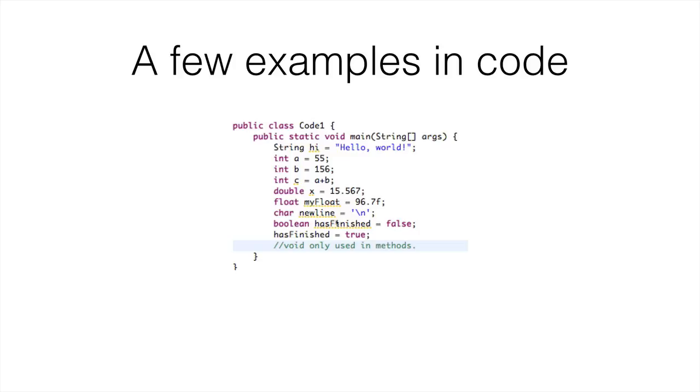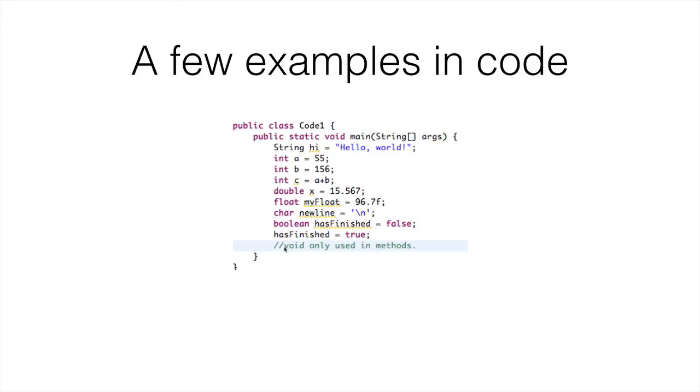So boolean has finished equals false, create a new variable called has finished of type boolean. If we skip the boolean, we assume we already have this variable created, and we're simply changing its value. So in all of these cases up to here, we are creating new variables. In this last line, we are only changing the value of a variable we've already created because we don't have the boolean at the front.